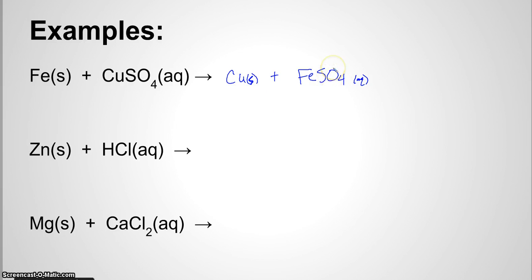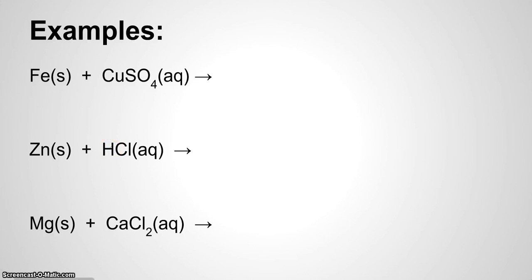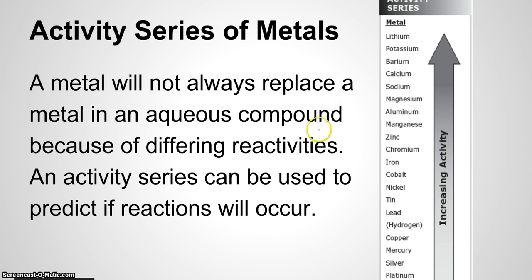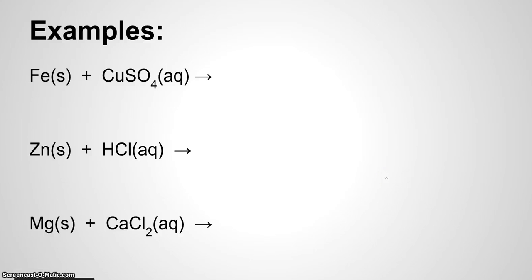Okay. All right, let's look at our next example here. Zinc plus HCl. So here, this is where we see our H acting as the cation. So we need to know, will zinc replace hydrogen? So we need to go back to our activity series. Will zinc replace hydrogen? Yes, it will. Okay. So now we want to figure out our products. So if zinc is replacing hydrogen, when hydrogen gets kicked out and it's by itself, what is it?